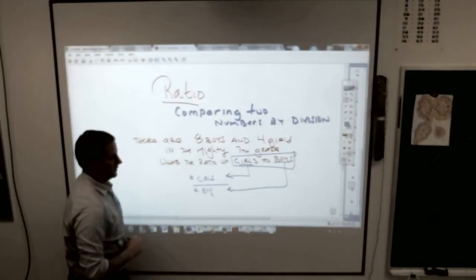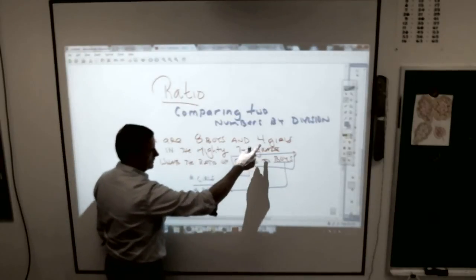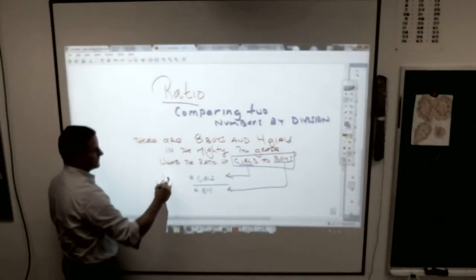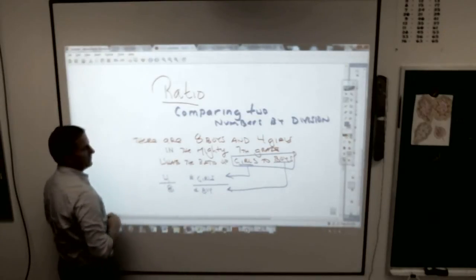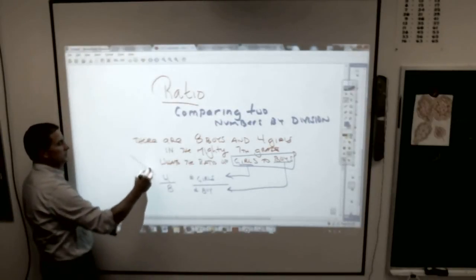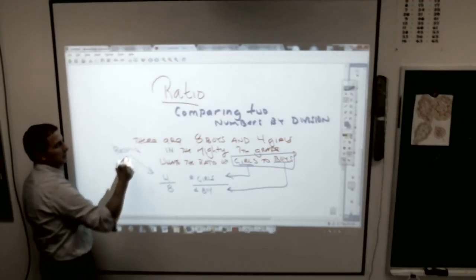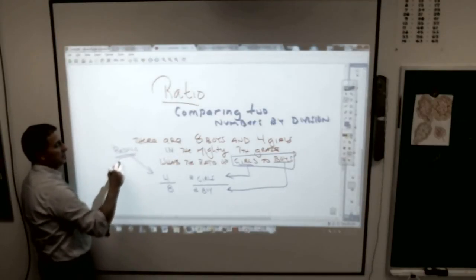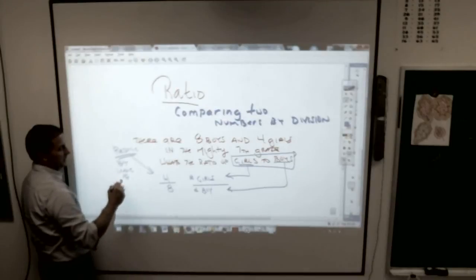Notice it's not 8 over 4, it is 4 girls on top over 8 boys on the bottom. An important thing to remember is that you do need to reduce, but you also need to leave it as improper if it ends up being improper.